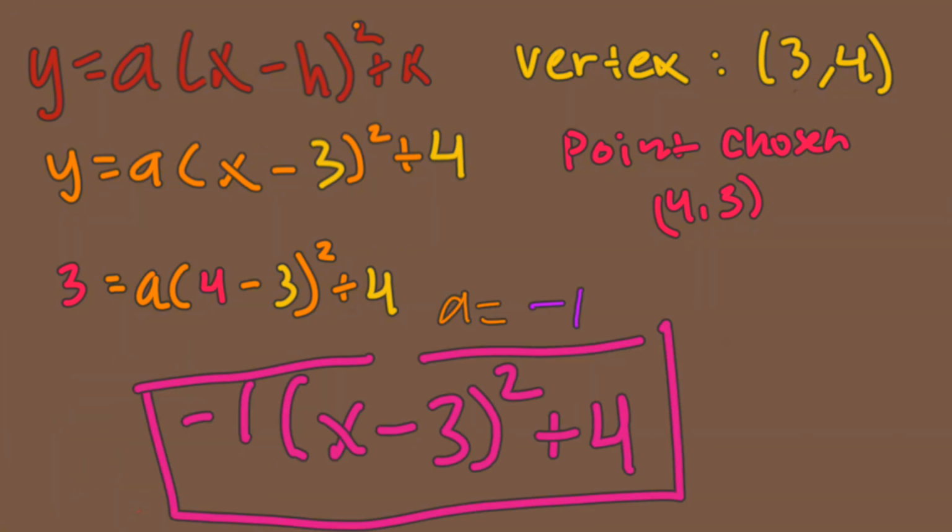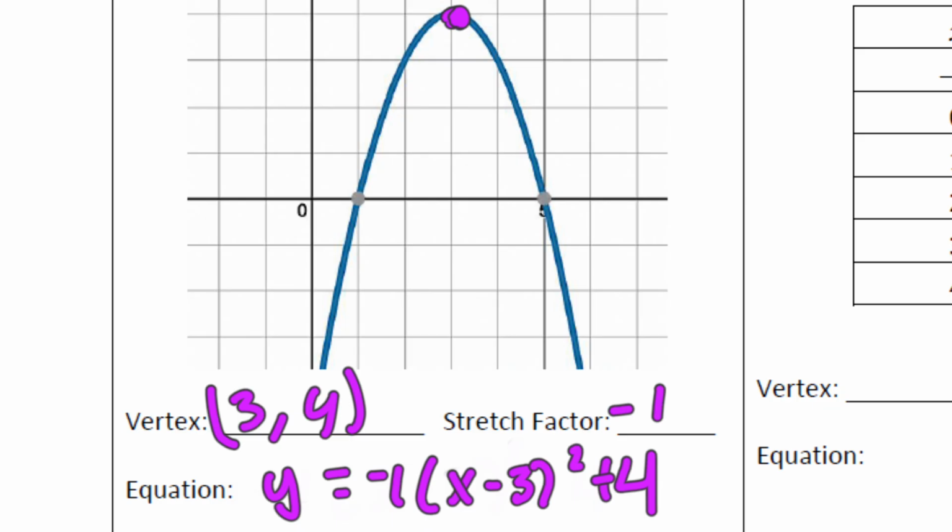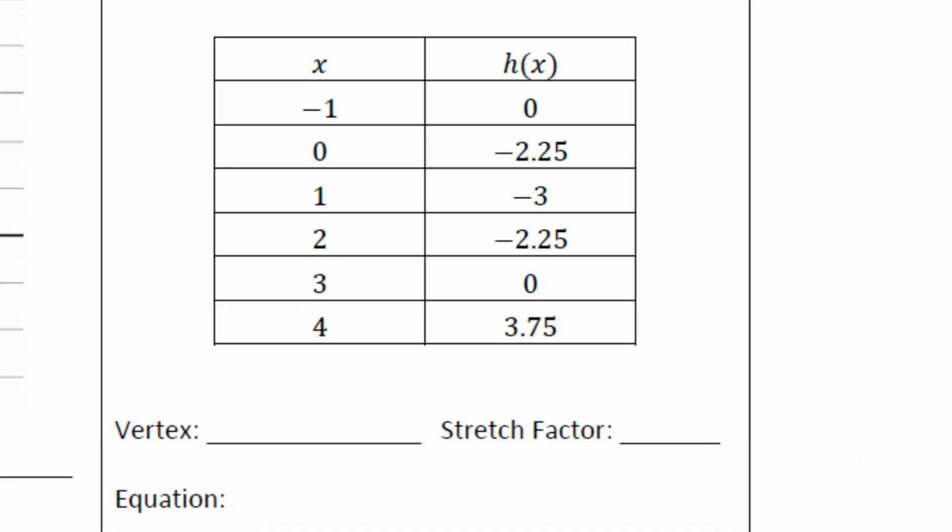Now, if we plug all our values into our equation, our final vertex form equation will read -1(x minus 3)squared plus 4. So now we can write down that our vertex is (3, 4), our stretch factor is -1, and our final equation is y equals -1(x minus 3)squared plus 4.